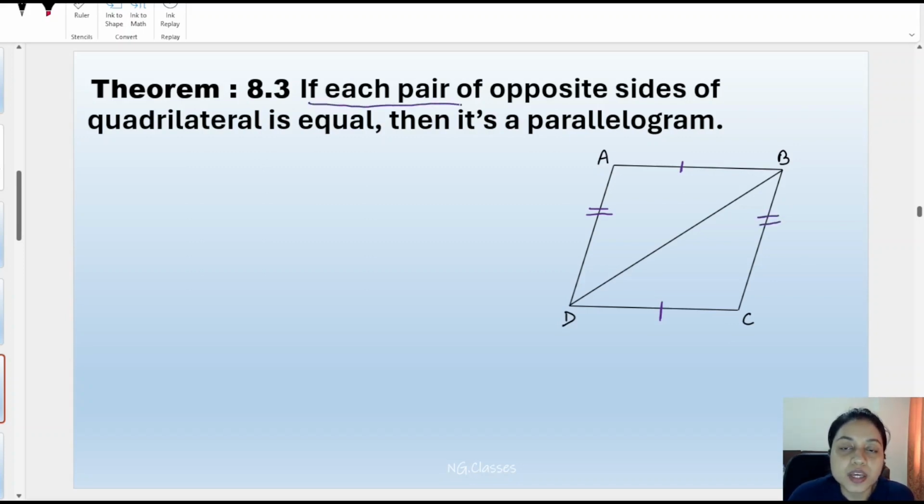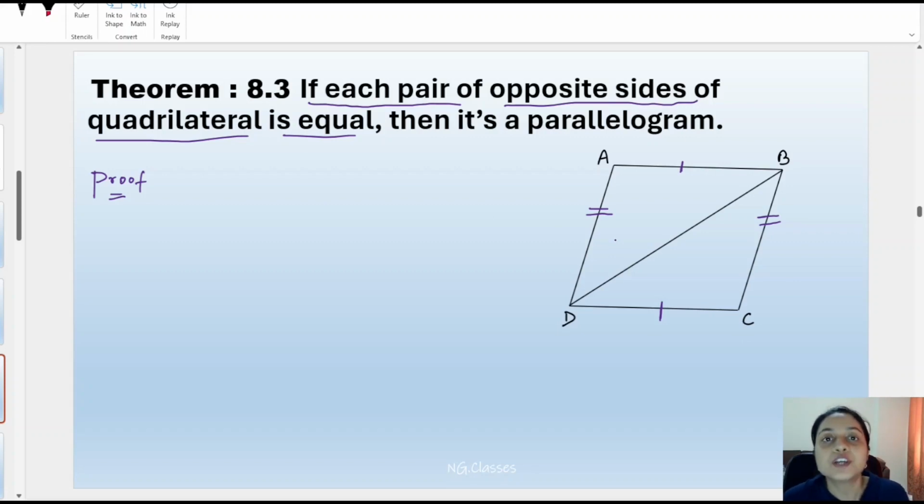With this information, we have to prove that our quadrilateral is a parallelogram. Let's prove it. Here we have drawn a diagonal BD in our quadrilateral ABCD.